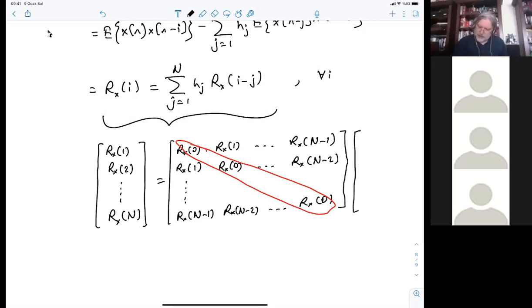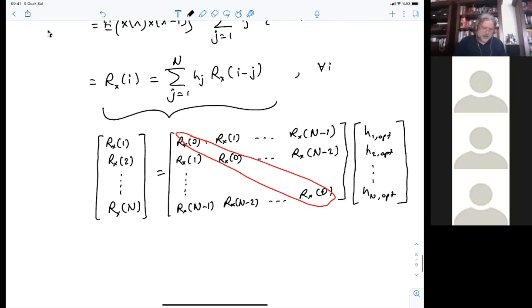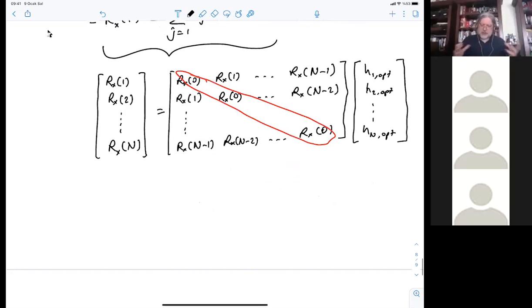And the thing that multiplies these is the h of j's, which can be considered as h1, which is optimized, h2, which is optimized, and finally hN, which is optimized. h1 up to h capital N are the filter coefficients that we are trying to find, right? How can we write them in a more compact way?